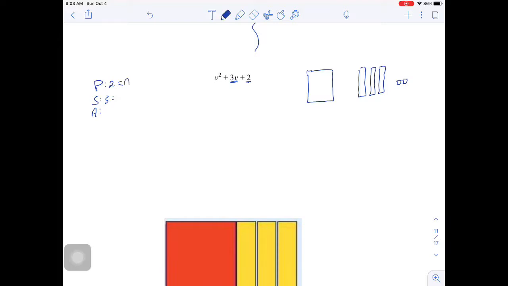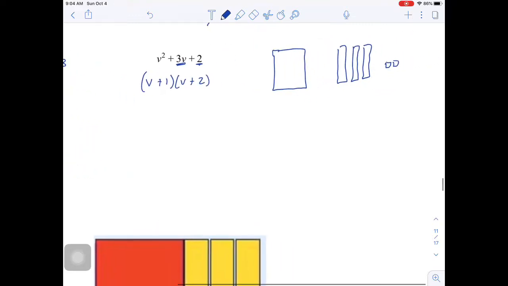Remember, these are numbers that multiply to 2 and those same numbers add to 3. Well, here I know that 2 times 1 equals 2, and 2 plus 1 equals 3. So it looks like A could be 1, and then B could be 2. So we know that we will have v plus 1 here and v plus 2.